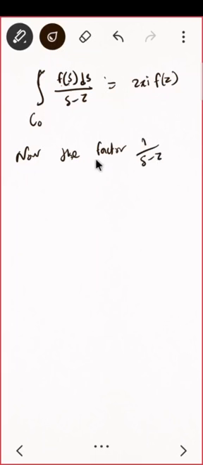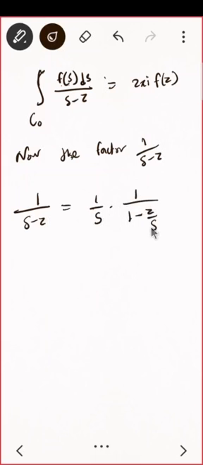Let us write it in this form. Can I write 1 upon s minus z as 1 upon s into 1 upon 1 minus z by s? Remember one thing here, z is a point to you, s is a variable. Correct? So now forget about 1 upon s, look at 1 upon 1 minus z by s.